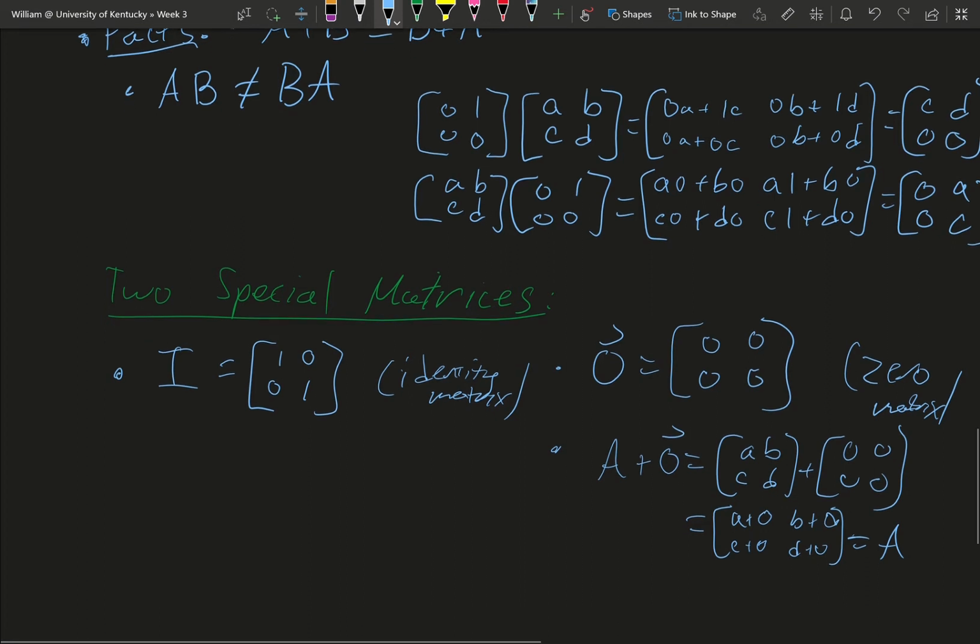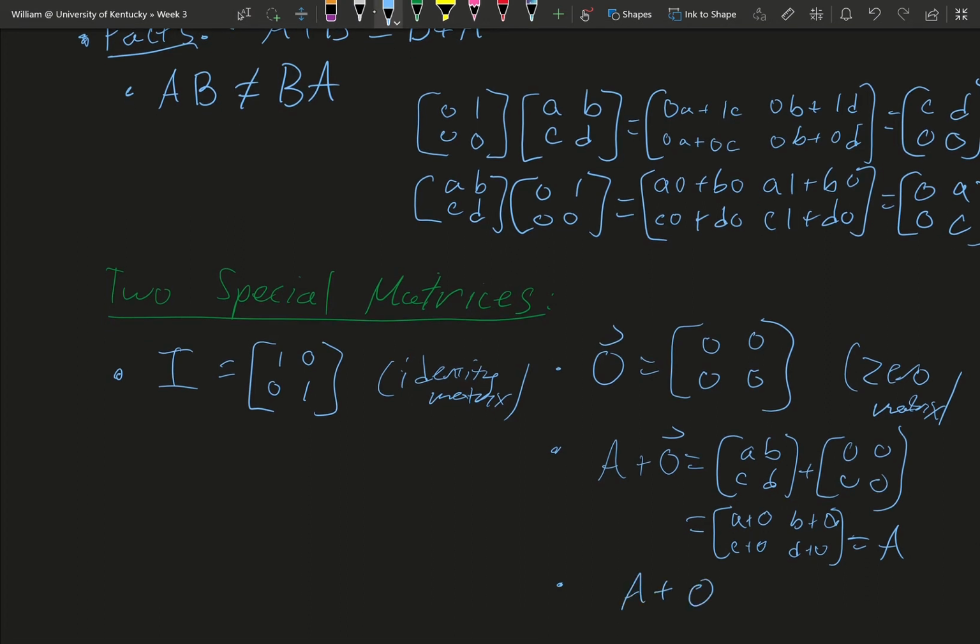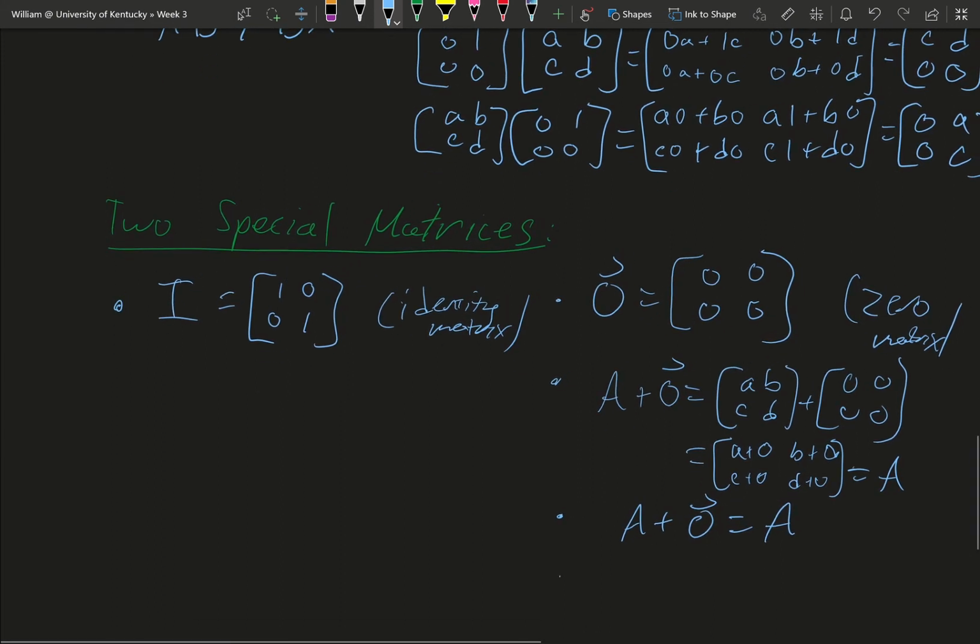So A plus the 0 matrix is just A. Similarly, A times the 0 matrix is the 0 matrix. So the 0 matrix really does behave a lot like 0. Over here, the identity matrix behaves a lot like 1.